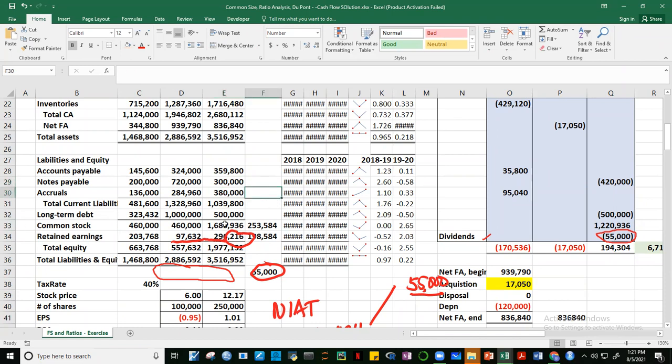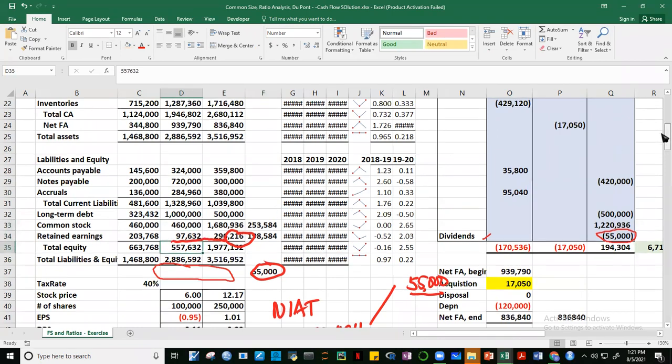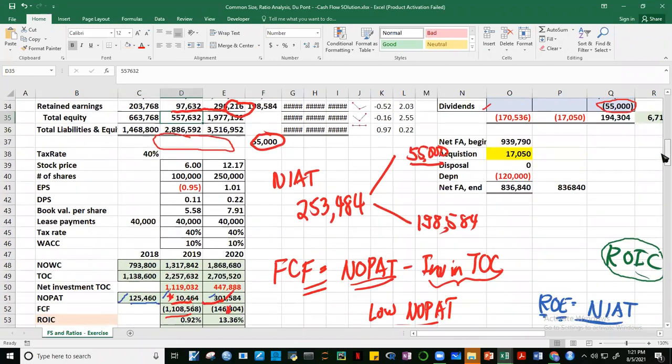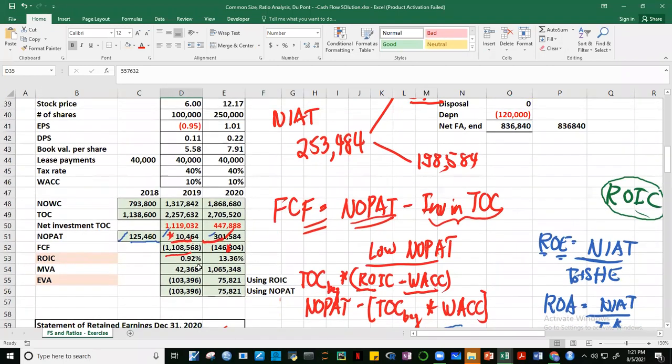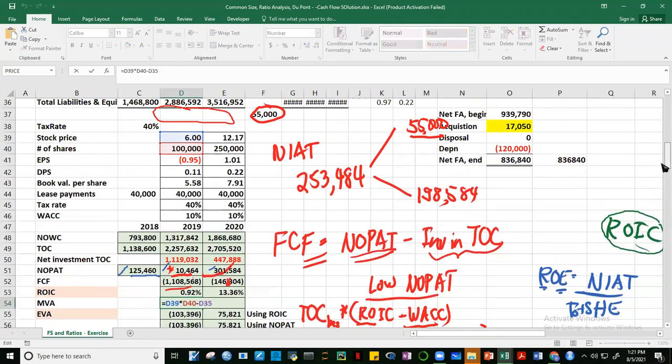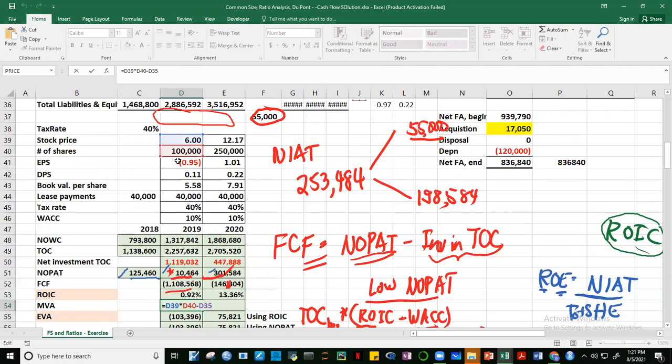But anyway, guys, so ang total equity natin for 2019, 460 plus retained earnings, so it's 557,632. Yun ang total equity natin. So, MBA natin is simply the market capitalization, which is the stock price multiplied by the number of shares.